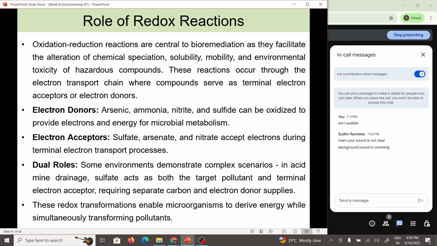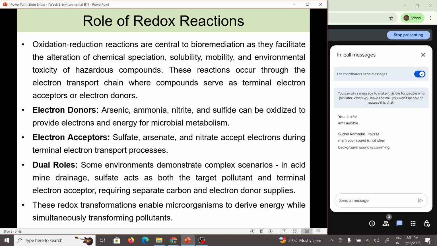This is very essential when we talk about chromium or mercury contaminated sites. If the oxidation state differs, the chemical speciation and the solubility are going to differ. If it is very soluble, it is going to be highly mobile. If it is precipitated, then it is not that mobile, and it just settles in one zone and contaminates that particular zone alone.